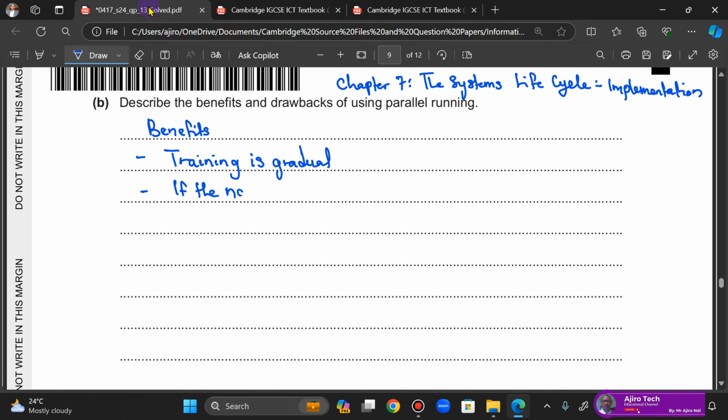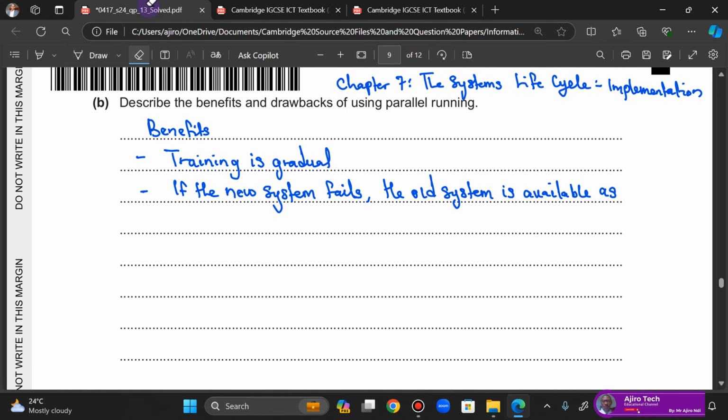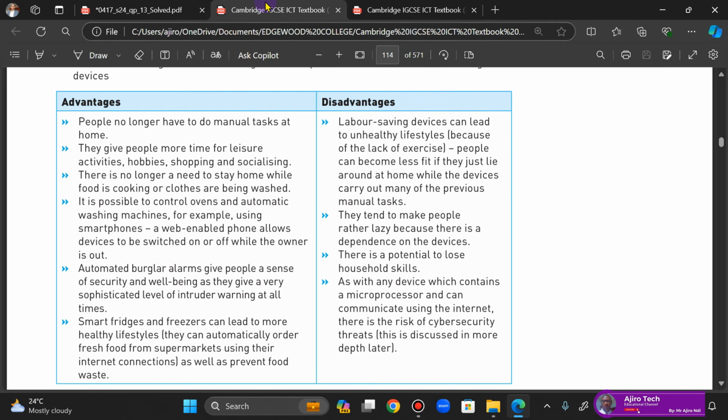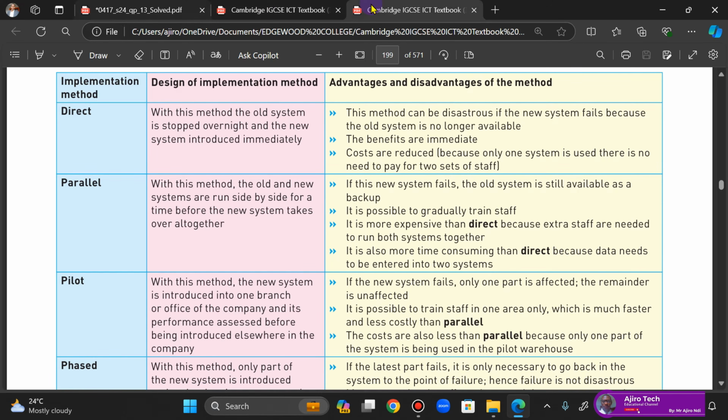If the new system fails, the old system is available as a backup.